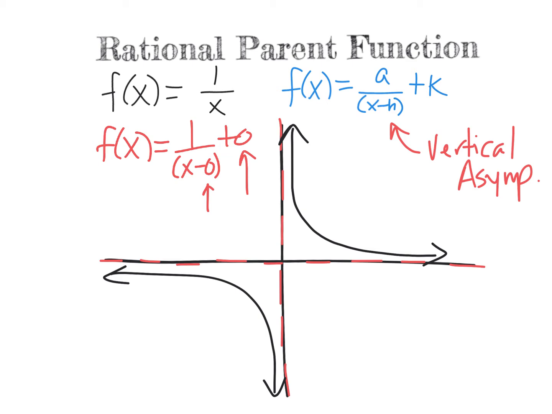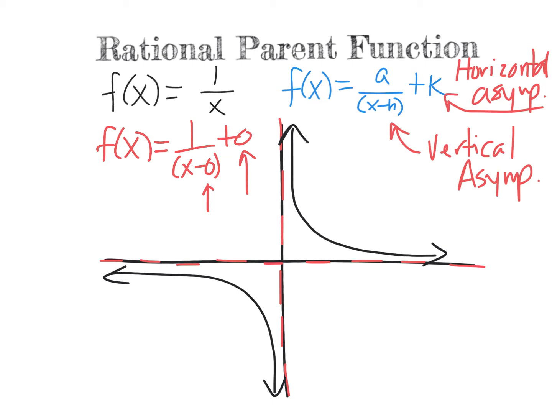It's supposed to say horizontal asymptote in that spot. So the horizontal asymptote will be with the k. That's what's going to control it, right?